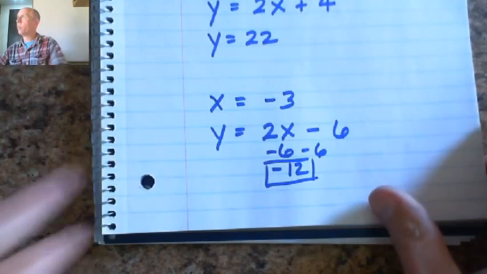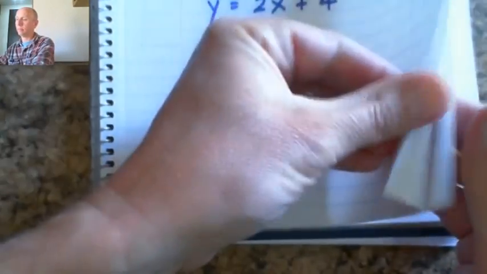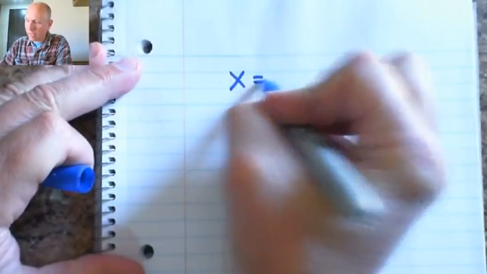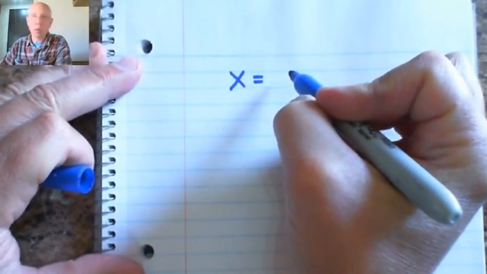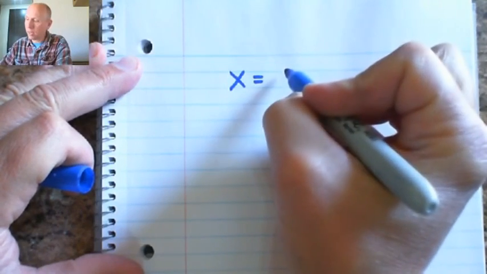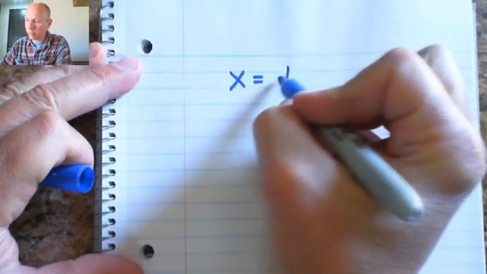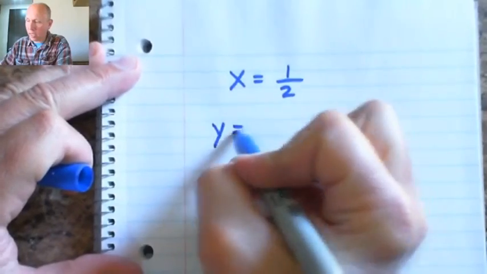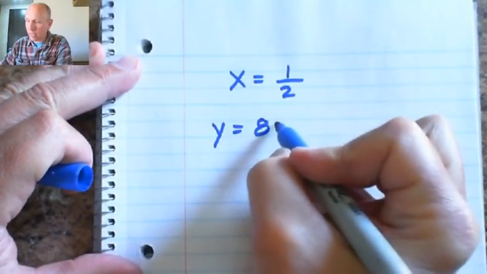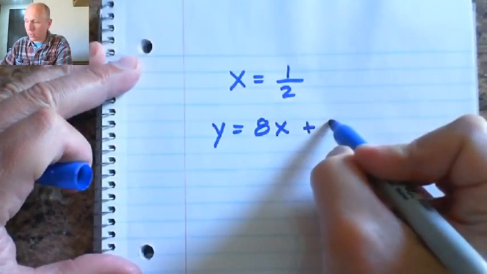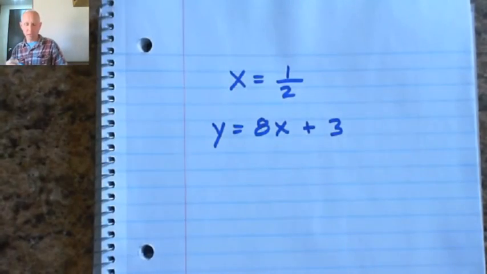And let's do one more. If x equals 1/2, and y equals 8x plus 3, what do you get if you plug a 1/2 into that for x?